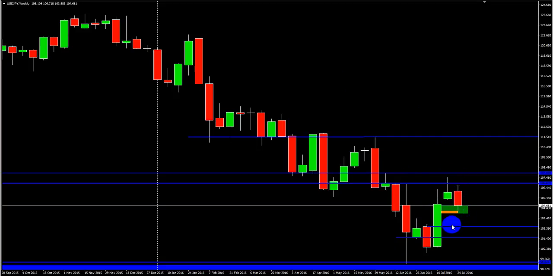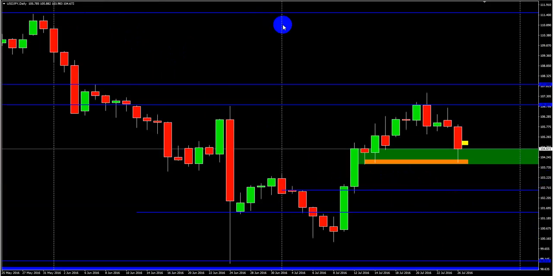The next possible demand based on weekly starts around 102.40 down to the low of this big candle, down towards 150 and then 100 as well. That's how it looks on a weekly.